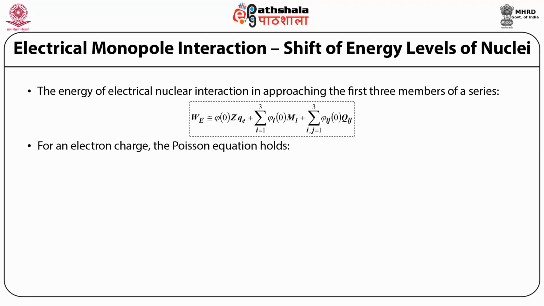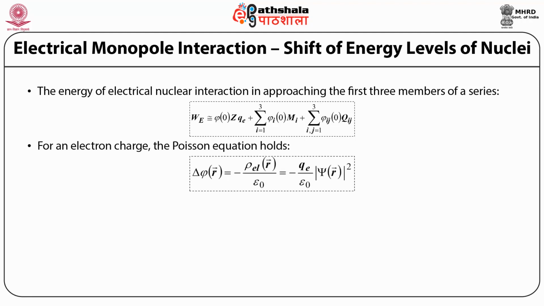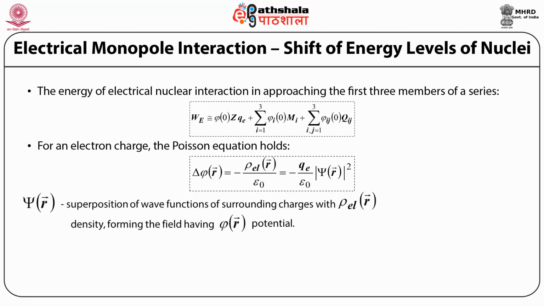For an electron charge, the Poisson equation holds: del square phi of r equal to minus rho over epsilon naught, which is equal to minus q over epsilon naught times psi square. So this phi is the superposition of the wave functions of the surrounding charges with rho the density, forming the field having phi as a potential.